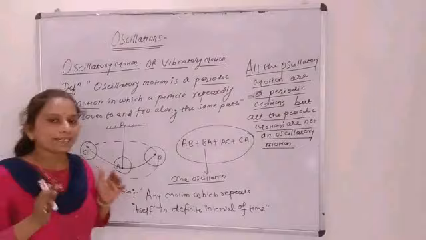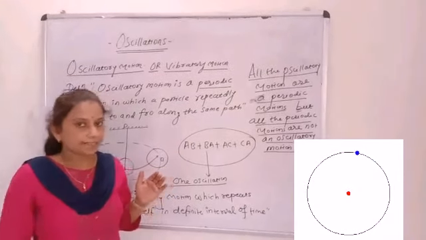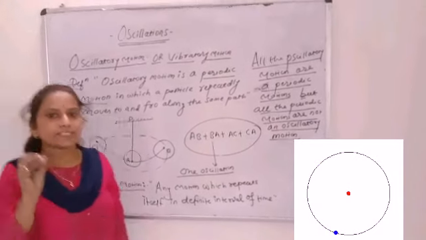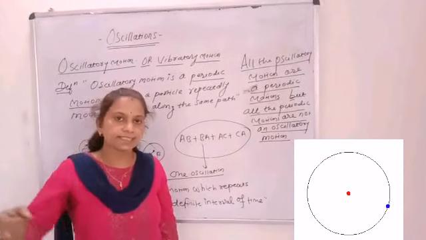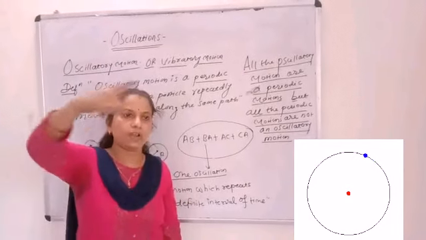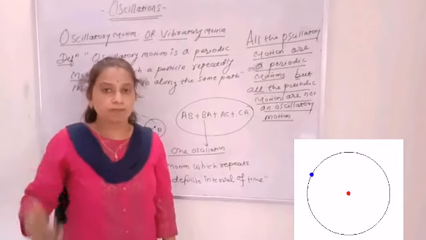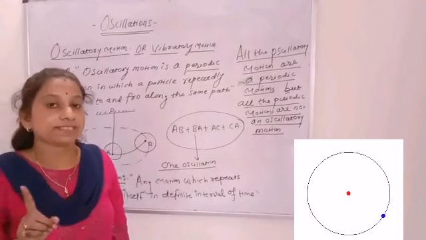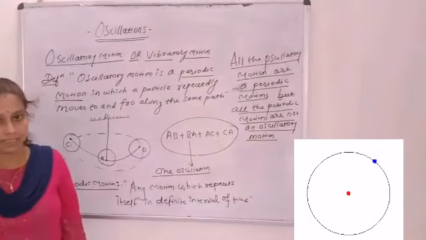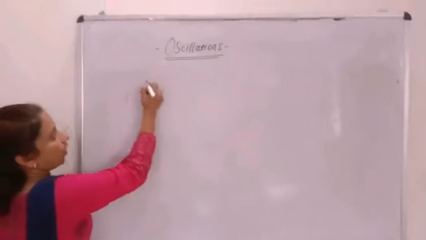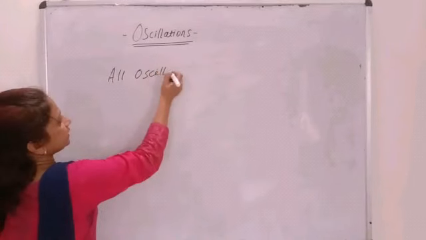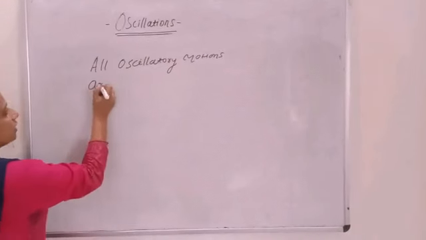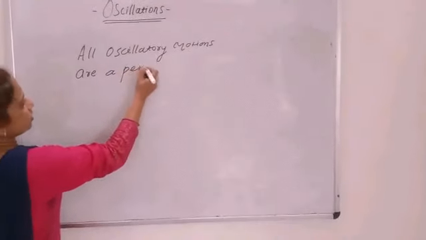Because as we have already seen in the first topic, circular motion, when the electron is revolving around the positively charged nucleus, this electron revolves along the circumference. It is a periodic motion, no doubt, but it is not an oscillatory motion because this electron has not completed oscillations here.